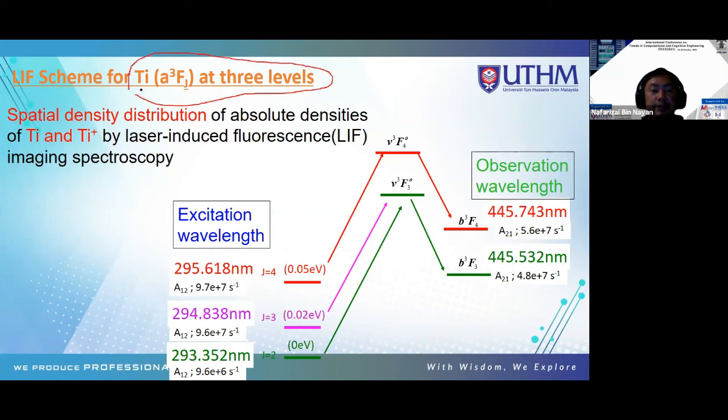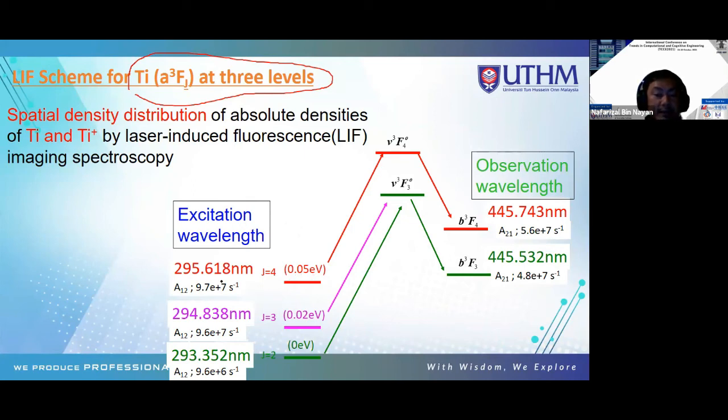We know the titanium at the ground state level is called titanium a3F_J, where J is the quantum number. Here J equals 2, J equals 3, and J equals 4. J equals 2 is the ground state at 0 eV, J equals 3 is at 0.02 eV, and J equals 4 is at 0.05 eV.